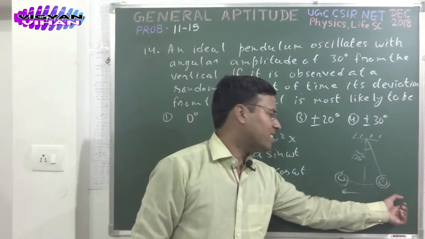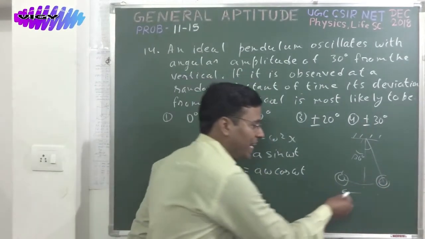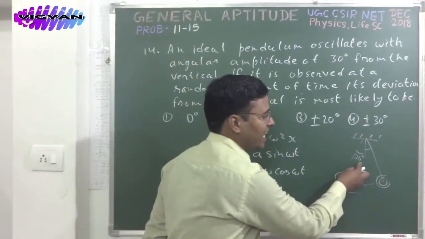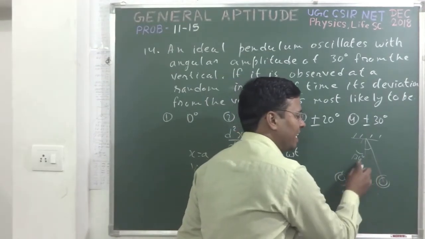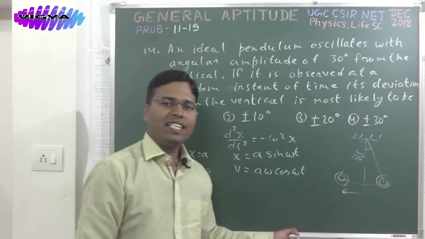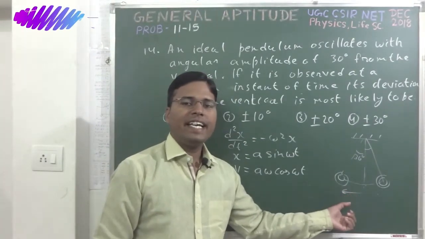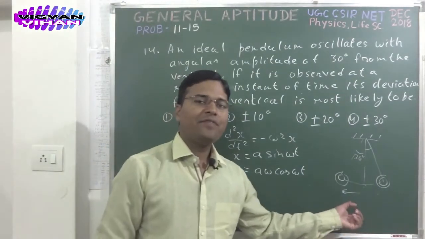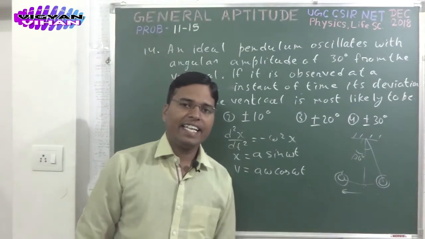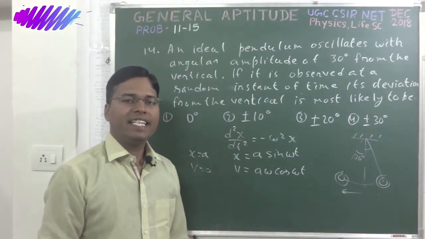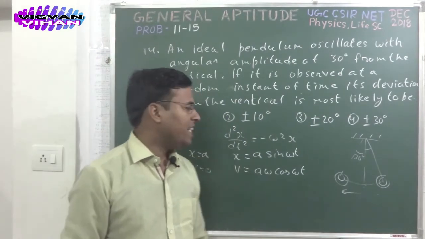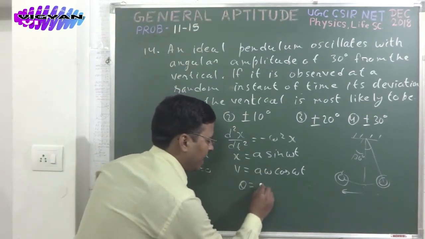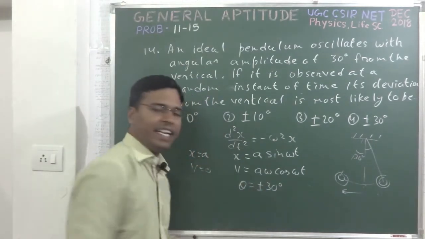That means when it is going near to these extreme conditions, for the plus 30 degree and minus 30 degree angular displacement, the velocity of the pendulum is nearly 0. So, if it is observed at any random instant of time, it is most likely to be at the places where angular displacement theta is equal to plus minus 30 degrees.